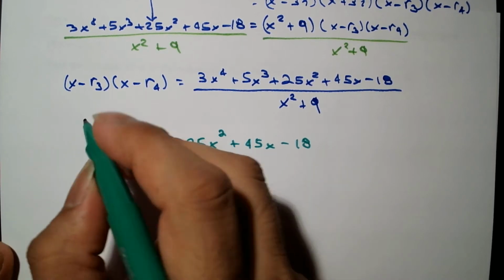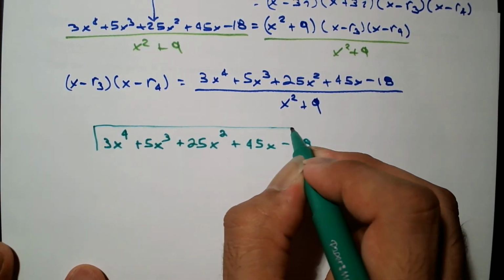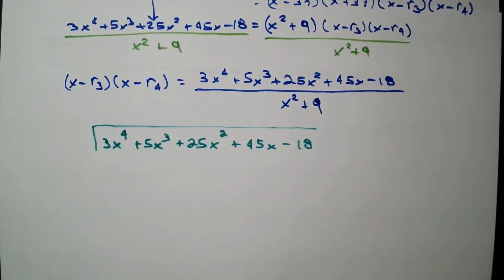And I'm going to divide that by, whoops, this one is dying on me. Okay, I better get another one. Let me get another one real quick. All right, I got it.